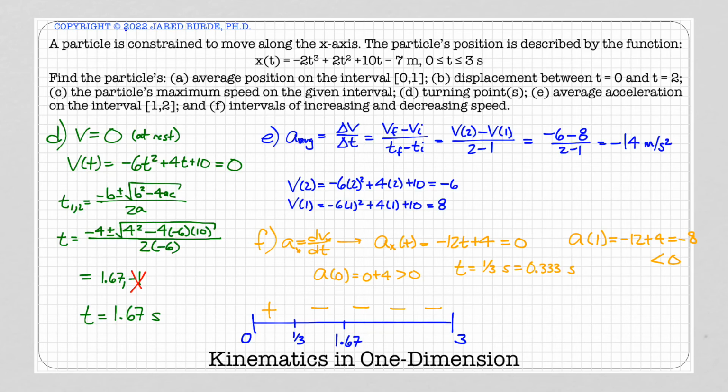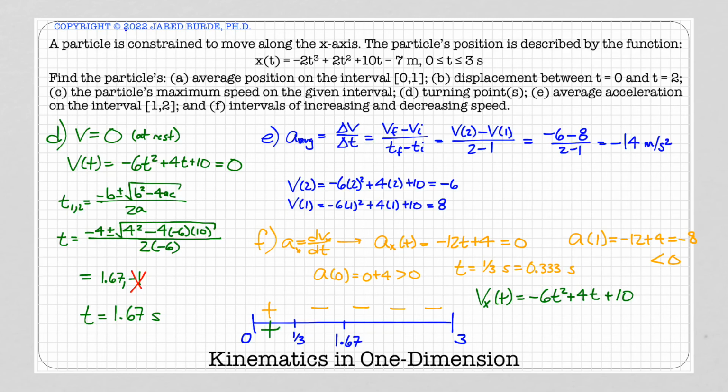I can look at my velocity function as well. If I evaluate this function at some value less than t equals 1.67 seconds, so if I evaluate at t equals 0, I get 0 plus 0 plus 10, that's a positive value.